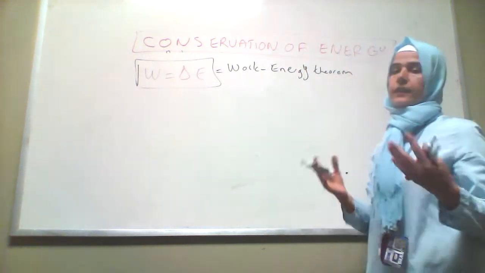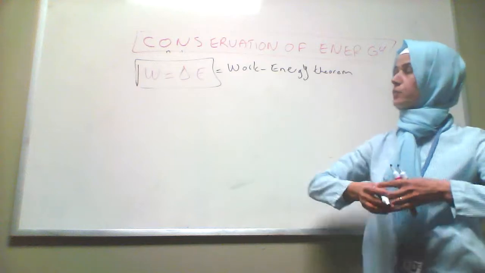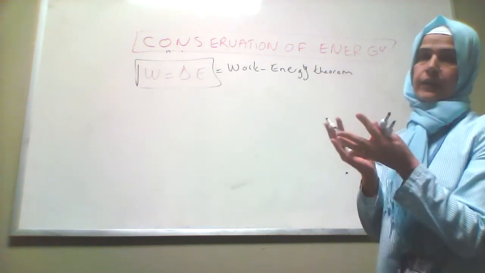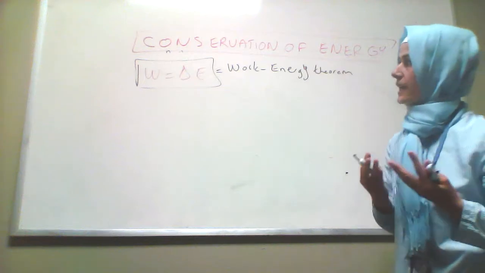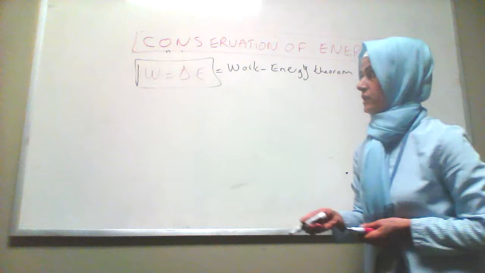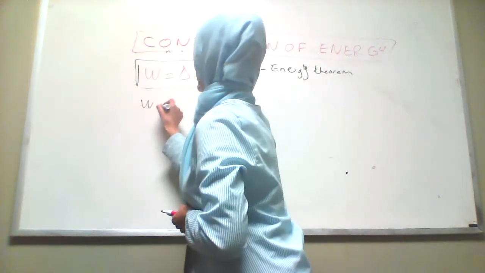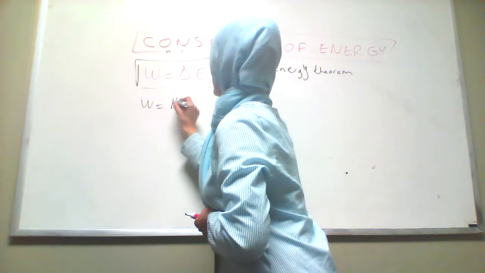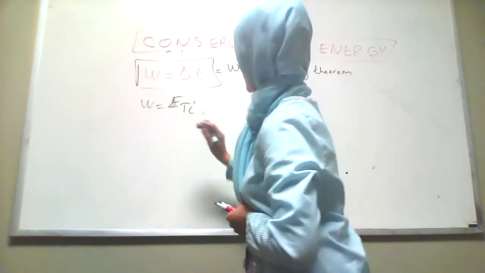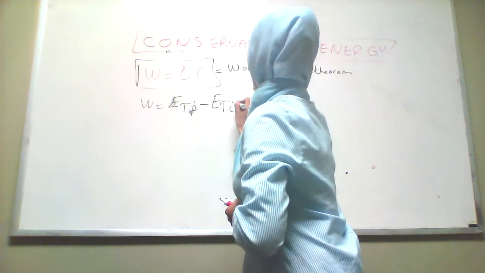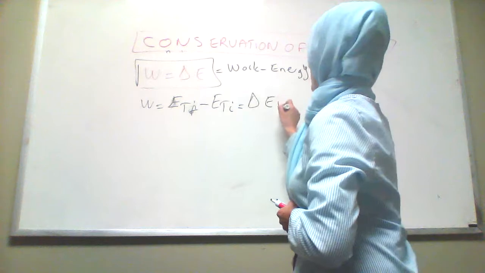So it could be kinetic energy change or potential energy change. If there are both energies, kinetic plus potential, we look at the total energy. If we're doing total energy, then we say work done is change in total energy. Simply we say work done is equal to total energy final minus total energy initial, or change in total energy.